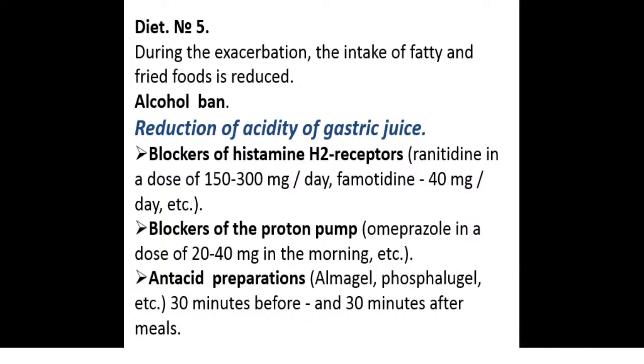during the exacerbation. The intake of fatty and fried food is reduced, and alcohol is banned. Reduction of the acidity of gastric juice: we can use a blocker of the histamine H2 receptor, a blocker of the proton pump, or an antacid preparation.